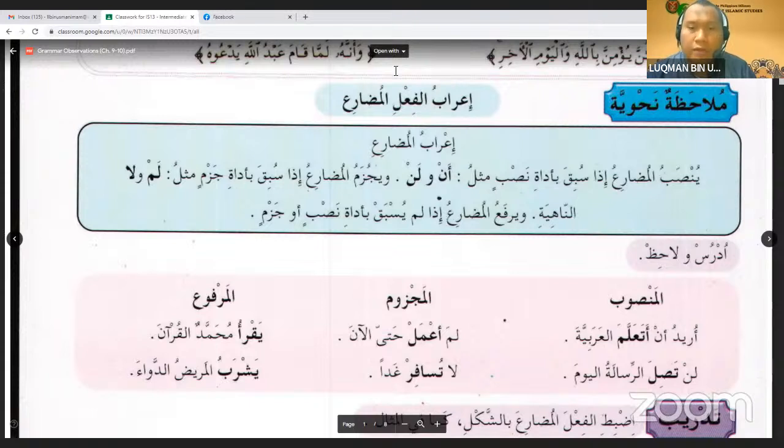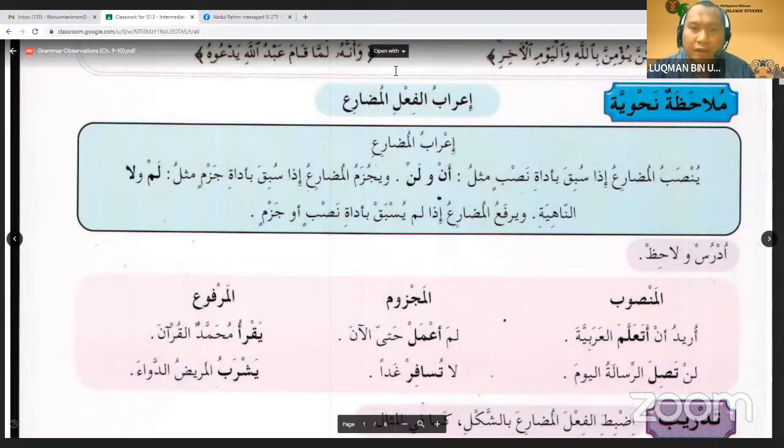So i'rab means the ending sign, the ending vowel of a fi'al mudari'. It is not static, it's dynamic, it changes from one vowel to another. So fi'al mudari' accepts 3 cases, 3 ending signs.